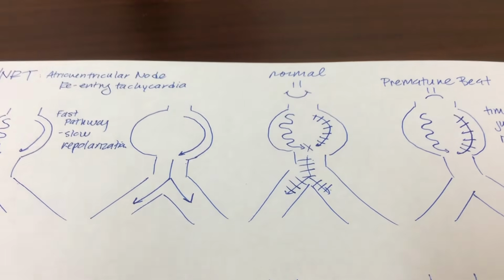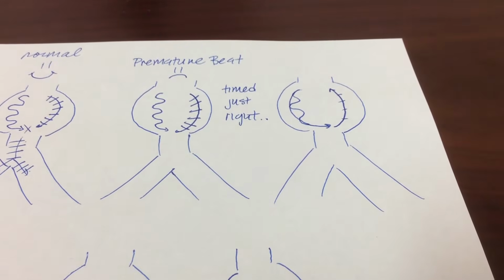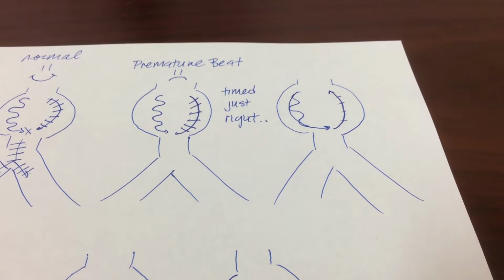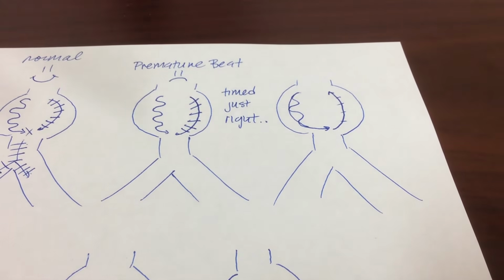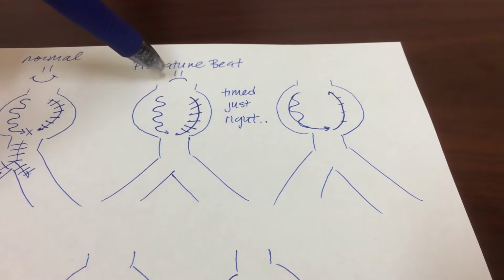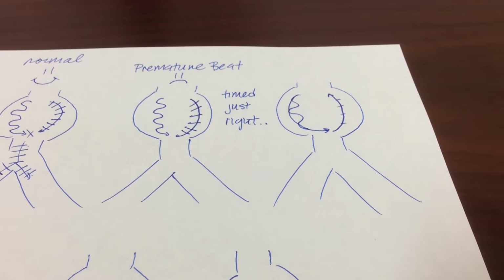Everyone's happy. All right? But then we get into sad face, or the premature beat. Let's say, for instance, a person has an APC, where you get an aberrant firing of the SA node.